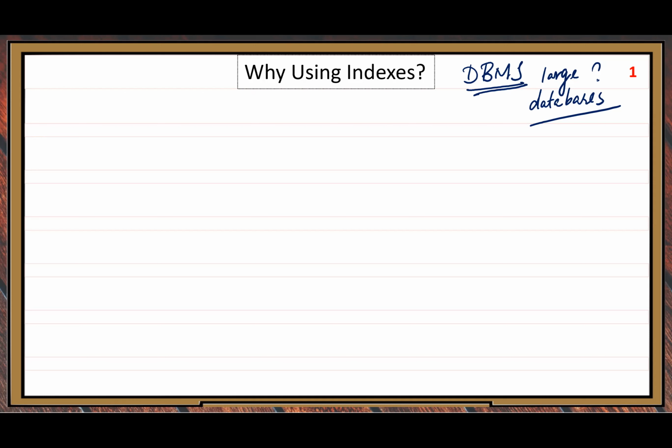The name of the technique is indexing, using indexes. What's that? We know the meaning of indexes when we use arrays, and many other things. But here in our DBMS context, its meaning is different. It has its own specific meaning.